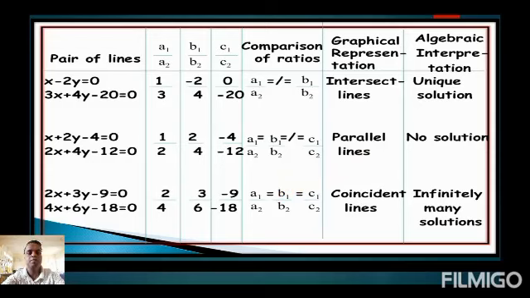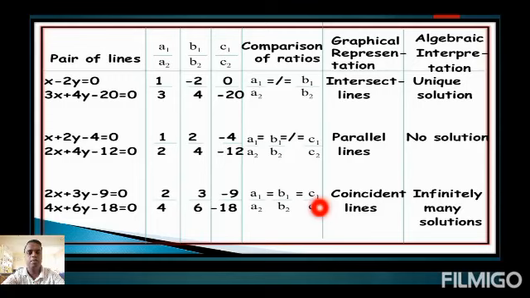See the third example, 2x plus 3y minus 9 equal to 0, 4x plus 6y minus 18 equal to 0. a1 by a2 is 2 by 4, b1 by b2 is 3 by 6, c1 by c2 is minus 9 by 18. So a1 by a2 equals b1 by b2 equals c1 by c2, because each is 1 by 2.